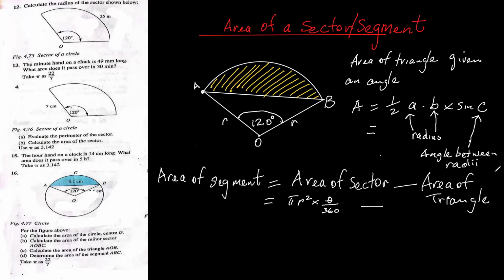So A and B represent the two sides, side R and R. And angle C represents the angle. So let's call it C. That is angle C here.